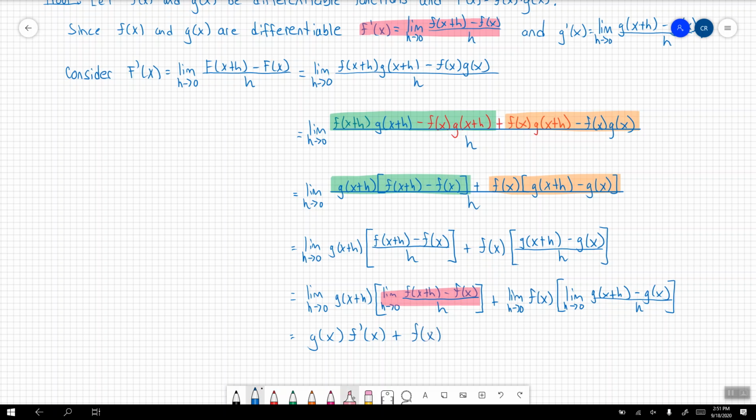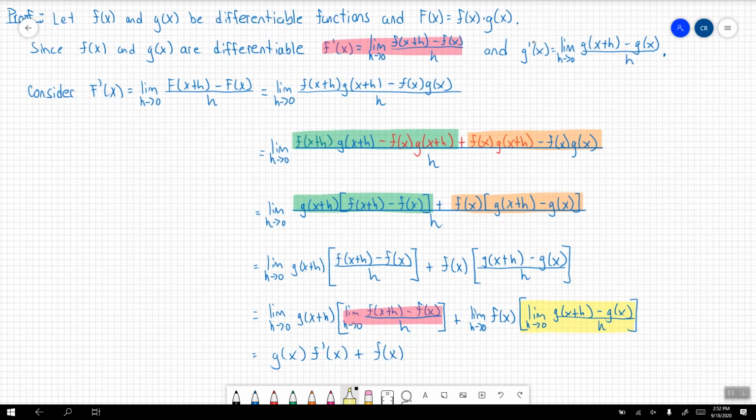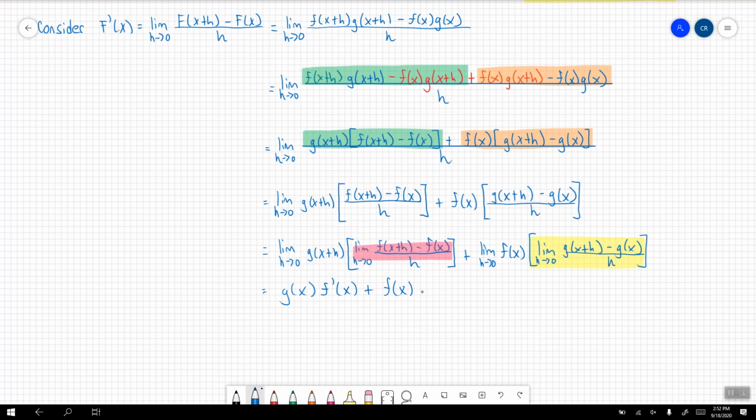However, the second factor we're looking at is the limit as h approaches 0 of g of x plus h minus g of x, all divided by h. That is the limit we're looking at at the very top of your screen. That is g prime of x. Therefore, we're left with f of x times g prime of x.